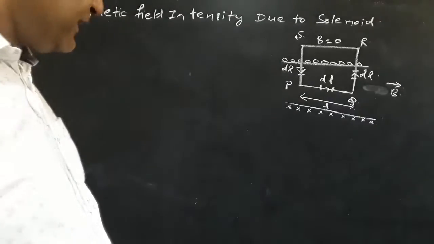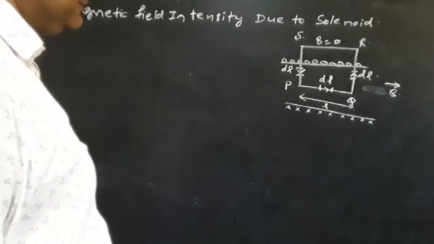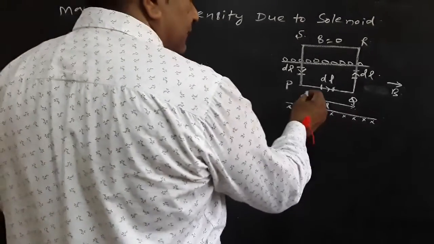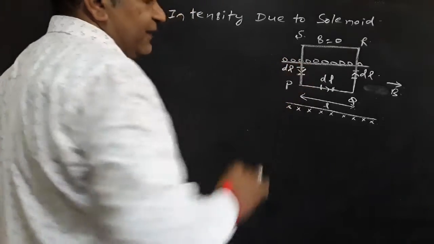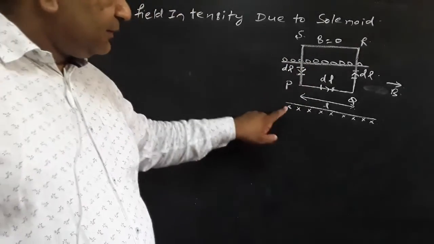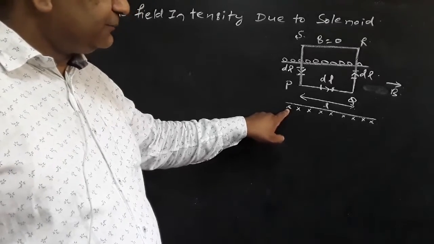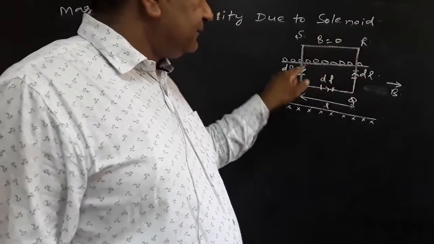Now we have the next topic, the magnetic field intensity due to a solenoid. Let us take an Amperian loop such that this point shows that the magnetic field is produced from this point, and this point shows that the magnetic field will come to an end at this point. Now this is PQRS.